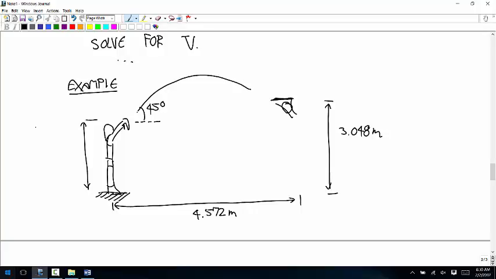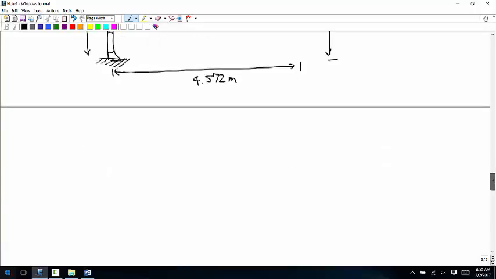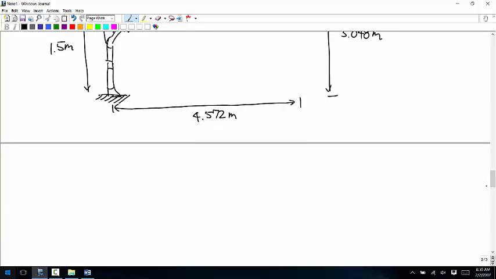So I guess it's just not drawn super to scale. So first, how fast is the ball shot? What's its speed when it's released? And second, how high is it at the highest point?